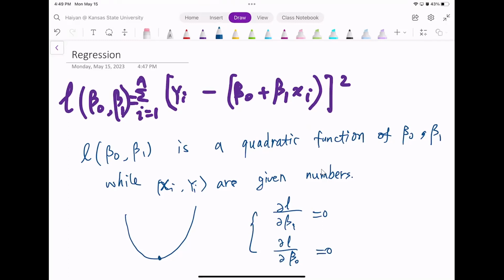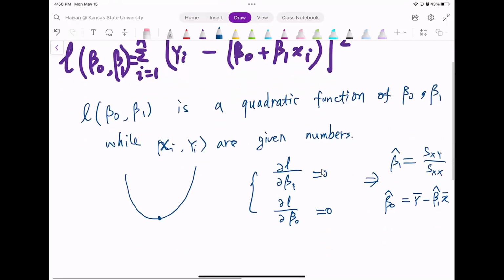So you have two equations to solve for two unknown parameters. Once we do that, it gives us beta 1 hat is simply Sxy over Sxx, and the beta 0 hat estimate is simply the y average minus the beta 1 estimate times the x average.